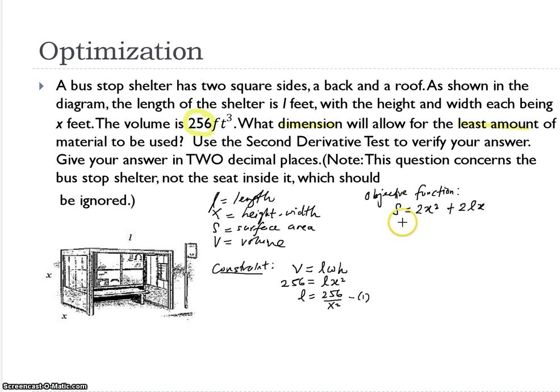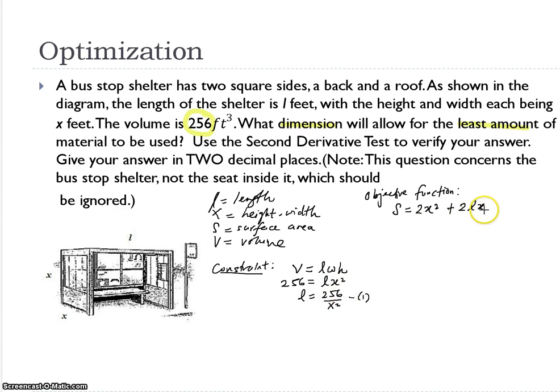We want to find the least amount of material. It means that we have to express the objective function in one single variable before we continue to find the values which contribute to the least amount. From equation 1 we have L equals 256 divided by x squared.